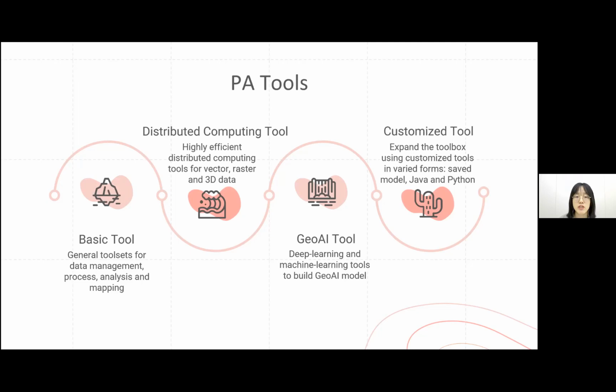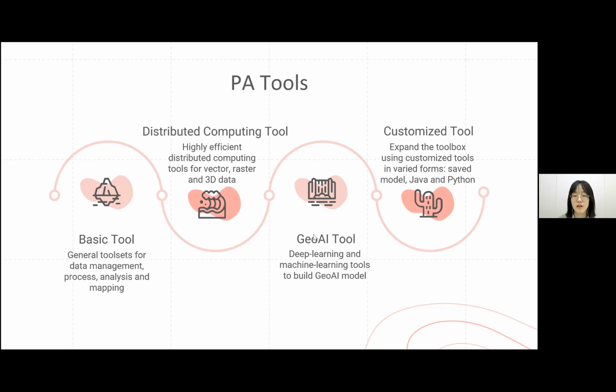And then here we also have a specific kind of tool that is called GeoAI tool, and usually we would use them only for deep learning and machine learning, which means most of them are used for object detection from satellite data.